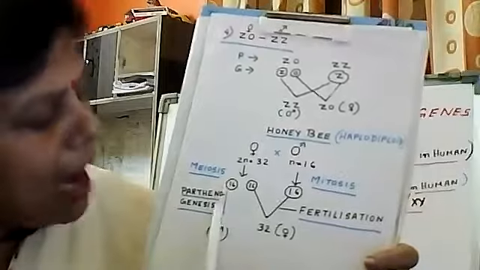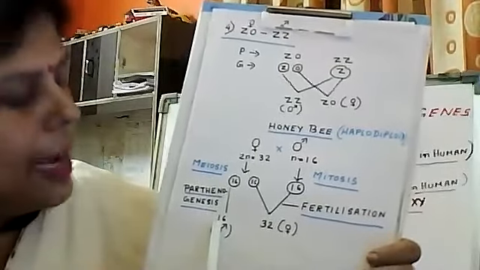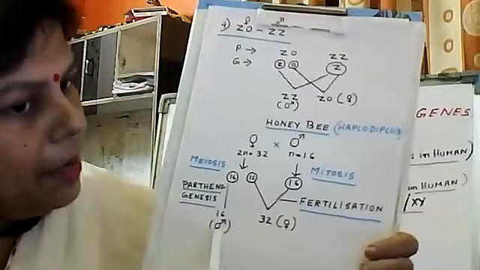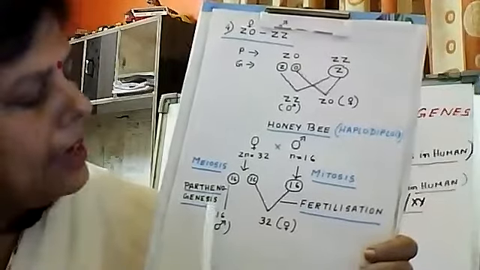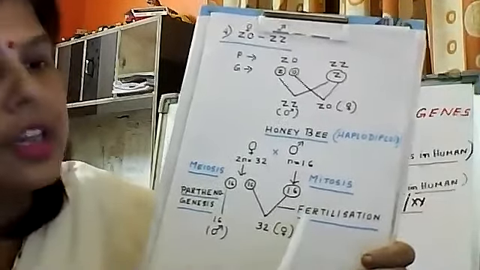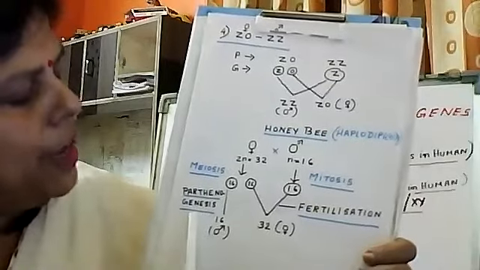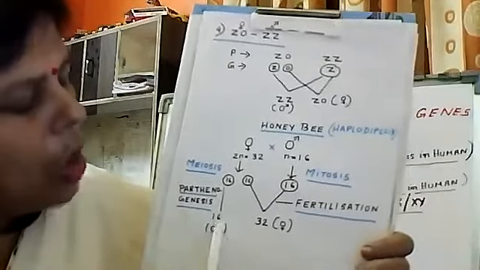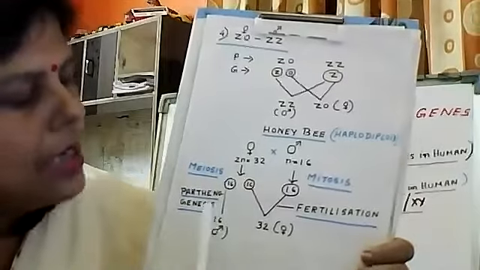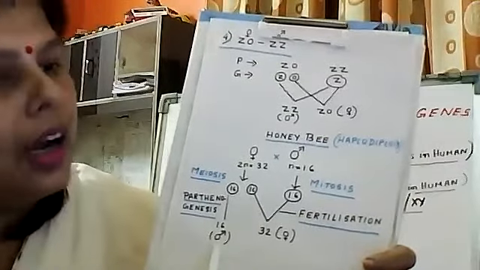Now, if without fertilization they give rise to a new organism, that will be male, that is drone. In that case the fertilization process is absent, and the process is said to be parthenogenesis. And always through parthenogenesis, the organism formed will be a male.